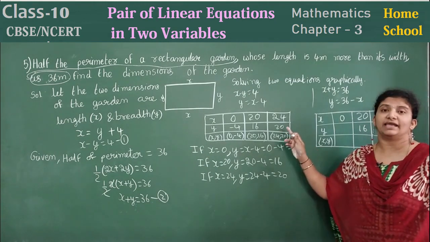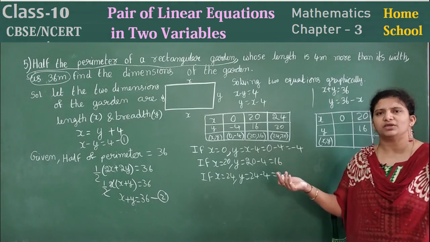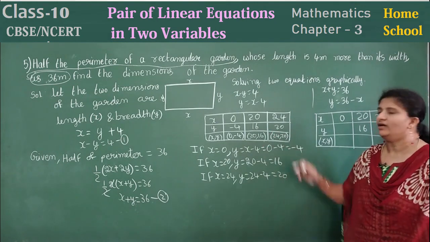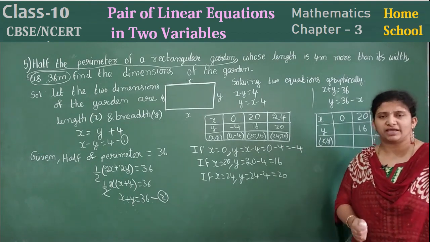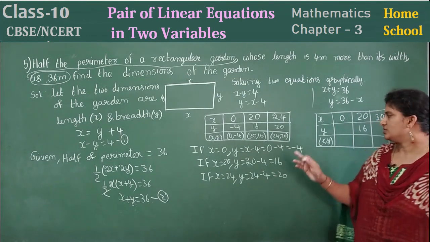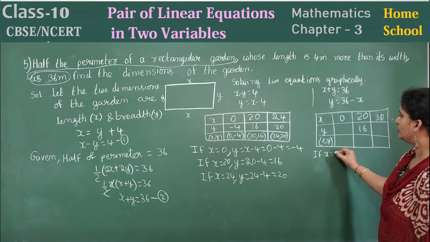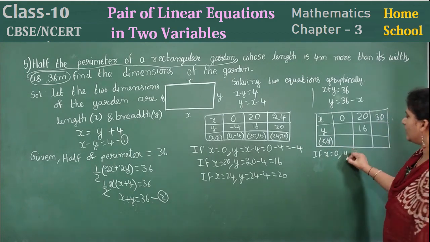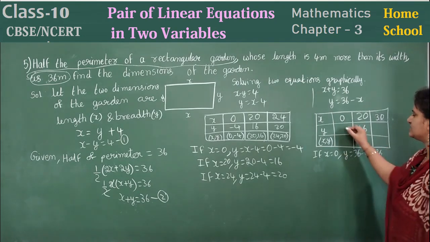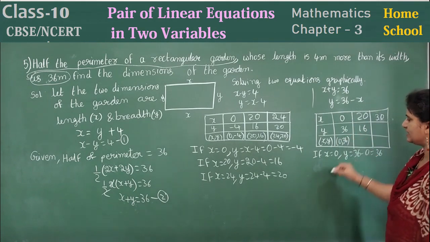Sometimes you may get a decimal value also. Decimal value also, what is there? You can plot on a graph. Okay, always your answers won't be whole numbers. Sometimes it may be negative. Sometimes it may be fractions also. Right? So now, let's solve this. If x is equal to 0, then what about y? 36 minus 0 will be 36. So mark here 0 comma 36.